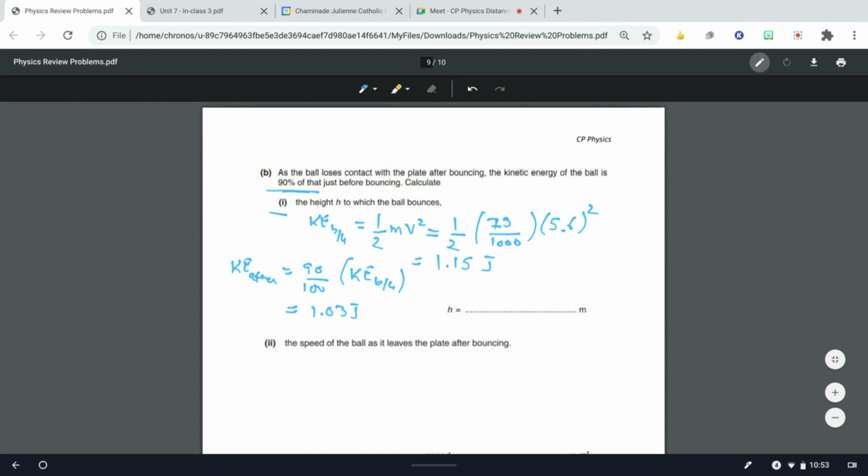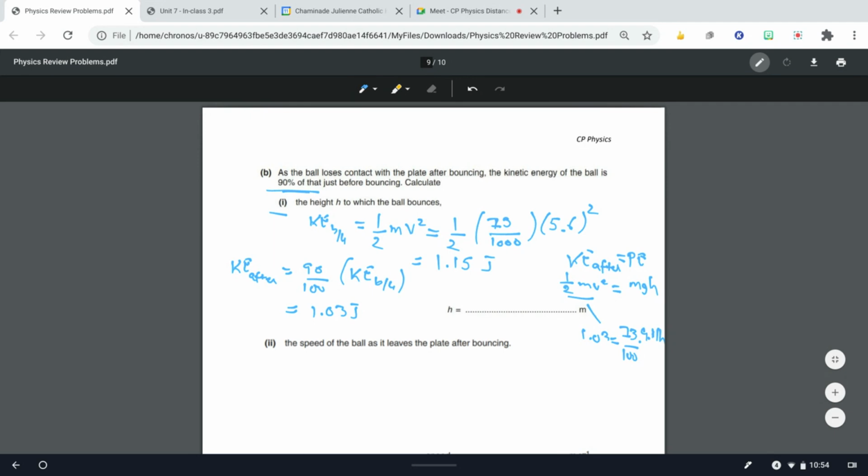Now it's asking you for height. So the kinetic energy is now going to convert into what? Potential energy. So kinetic energy after is equal to potential energy, half mv squared after equals mgh. So 1.03 is equal to 73 by 1,000 times 9.81 times h.